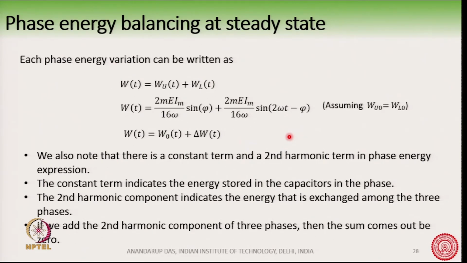It shows that there is an energy exchange taking place at the second harmonic frequency, but that is taking place between the phases. Between the phases, and since their sum is equal to 0, it neither goes into the AC side nor does it go into the DC side, right. So, this is something very interesting.